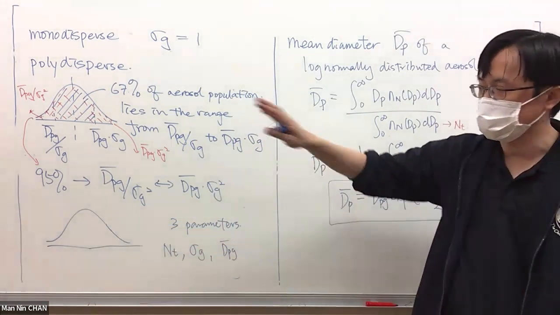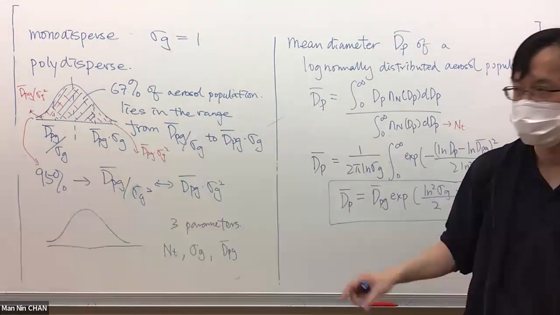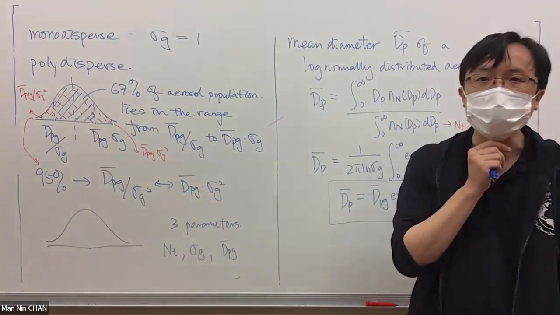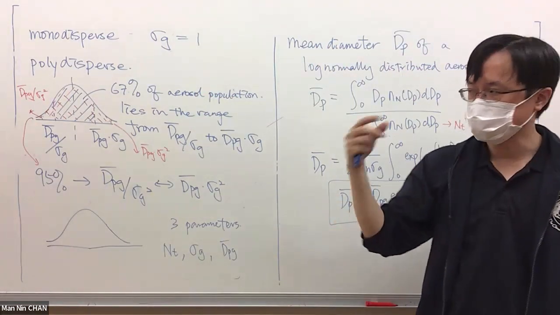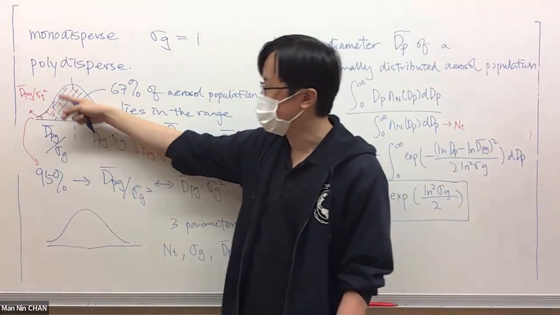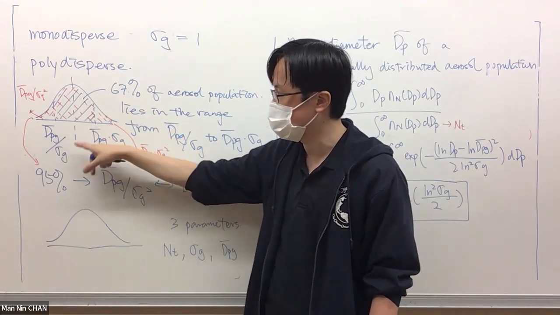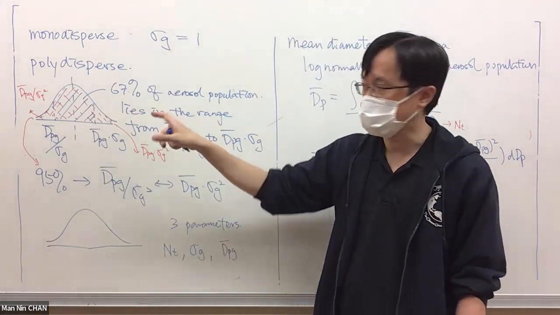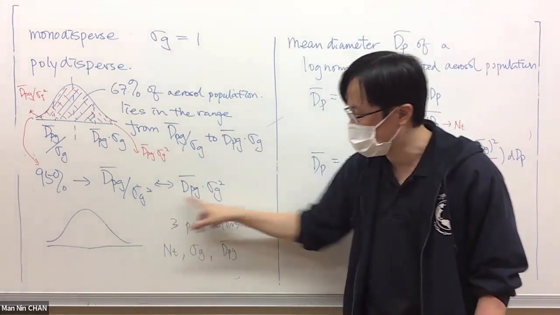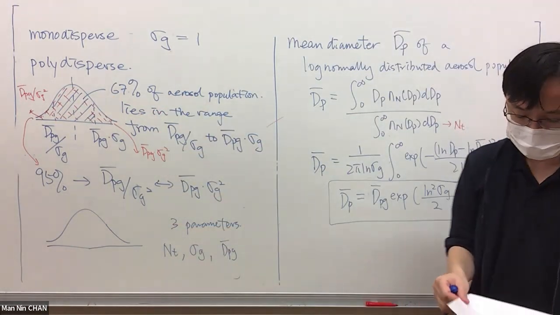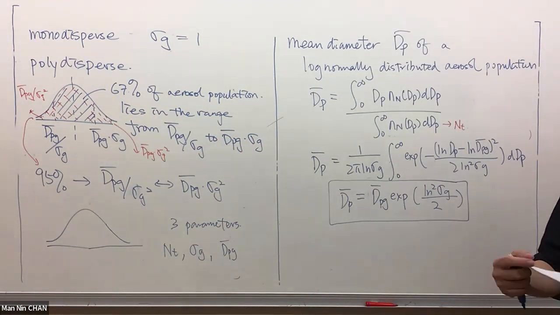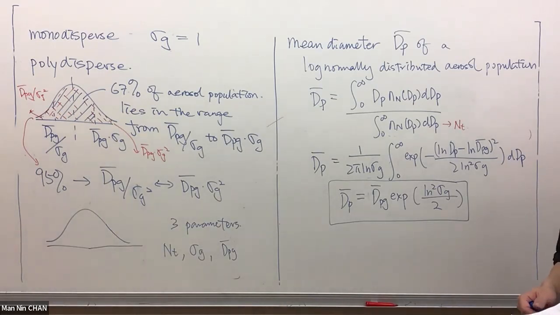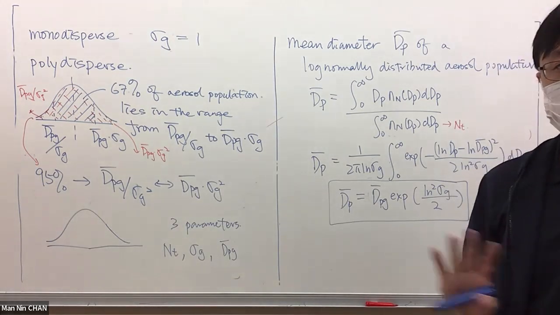And if your data can be fit by a log normal distribution function, then for the properties of your aerosol population, say if you're interested in the mean, the median, the spread, or how many particles are within a certain size range, you can easily calculate them using just 3 parameters here. So that's the reason why people want to look at the log normal distribution function for the aerosol population. Are you okay with this?